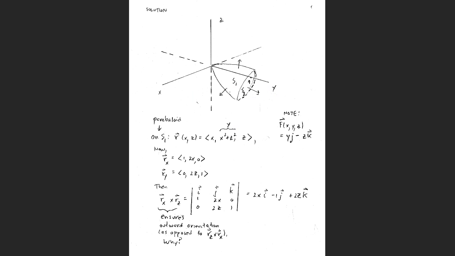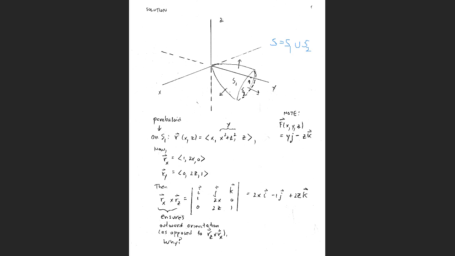So here's a picture of my surface. Again, my surface S consists of the union of the two surfaces.